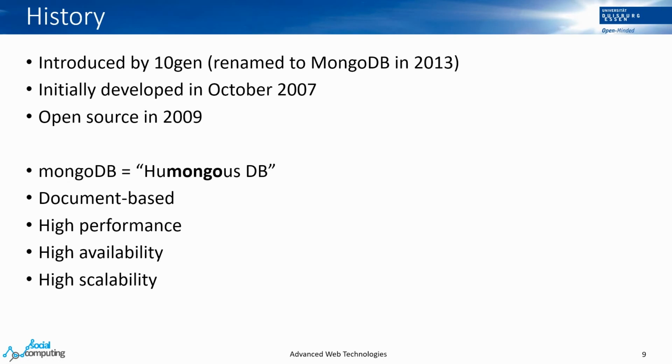The name MongoDB comes from the word humongous database, and it is a kind of document-based database which stores information in JSON objects, and it has high performance, high availability, and high scalability characteristics.